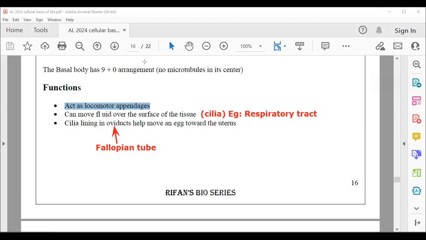Sperm can move by itself using the flagella, but the ovum cannot move. So to make it move, what is available is cilia. In the wall of the fallopian tube, there are cilia. The cilia beat and make the ovum move through the fallopian tube.